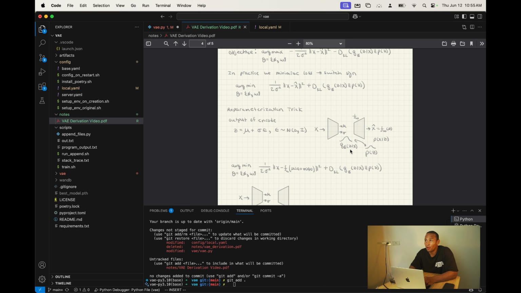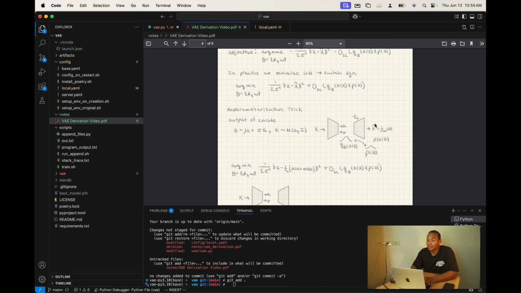So we're going to create a vector where each index is a sample from a normal distribution, the size of mu and sigma, and then we're going to add those together. That'll give us our Z. And then we'll send Z through a decoder, which is stacked linear layers of increasing dimensions, all the way back to our output dimension, which is X hat.